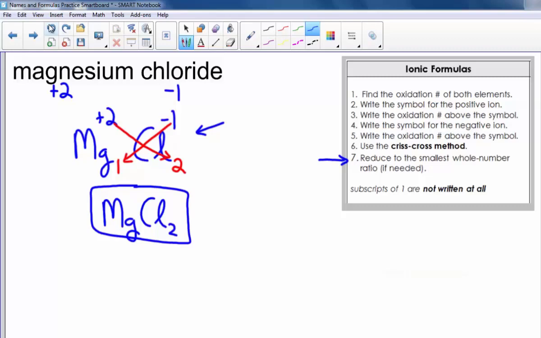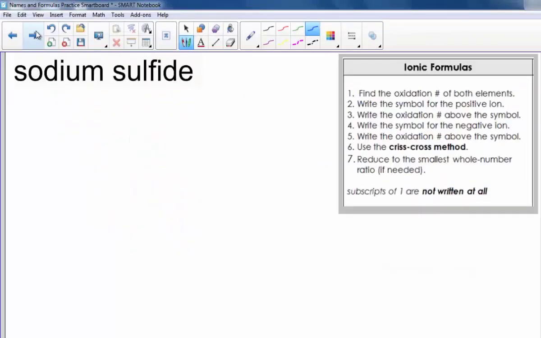So moving on to the next problem, we've got sodium sulfide. And so we need to find the oxidation number of both elements. Sodium is in group 1, so it's +1, and sulfur is in group 16, so it's a -2. So we're going to write the symbol for the positive ion, sodium. That symbol is Na, and we're going to put the +1 up above it.